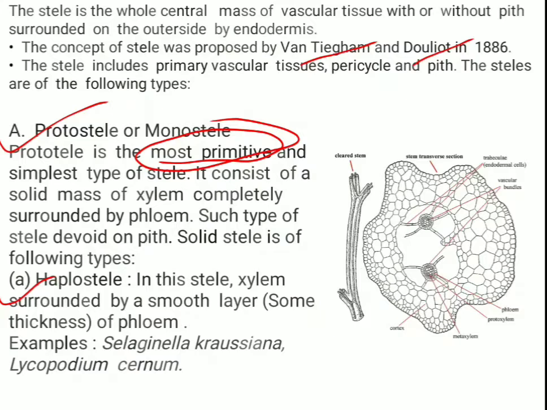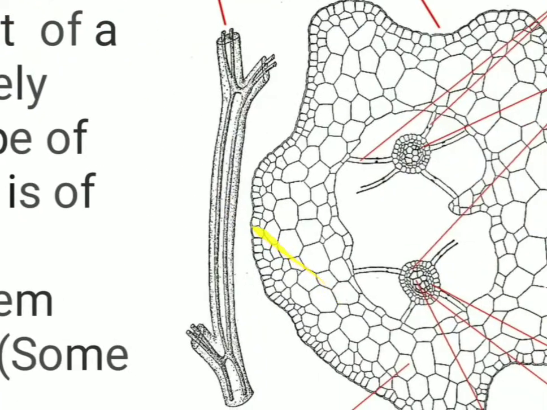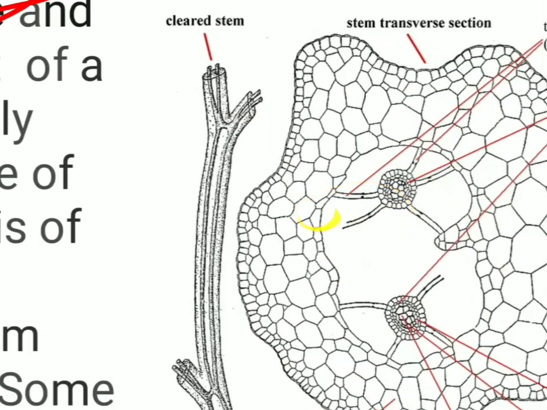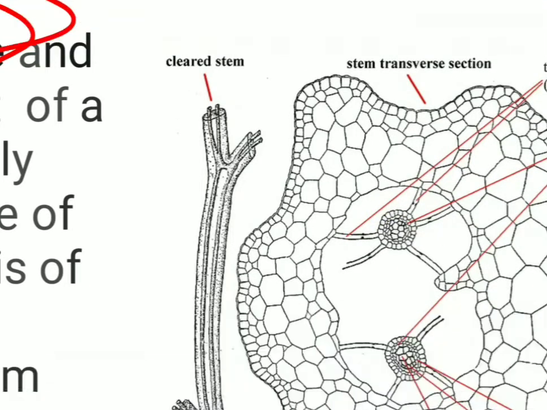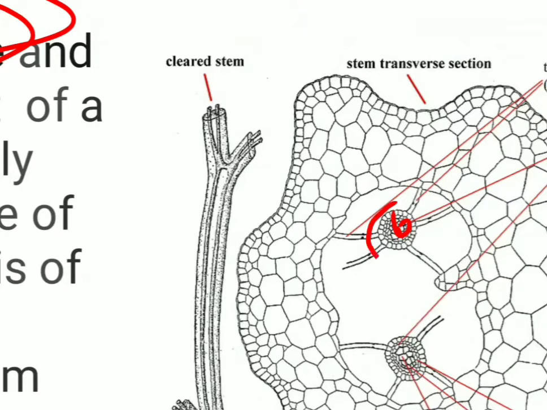Okay, you can see in this figure, this round part is the vascular bundle, and the vascular bundle's inner structure is made up of this benzene-like structure, which is xylem, and you can see it is surrounded by small cells.